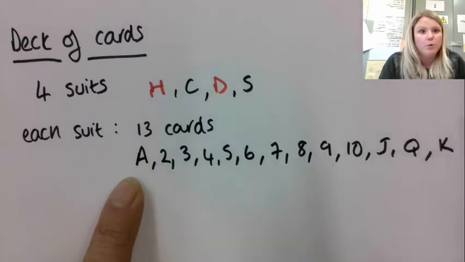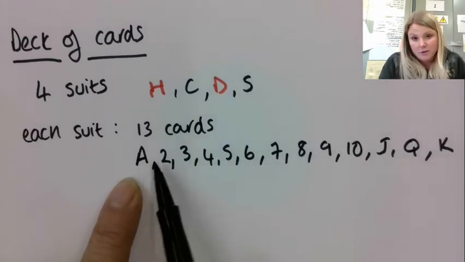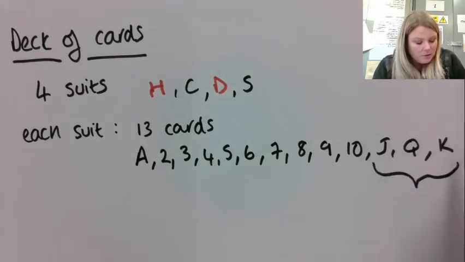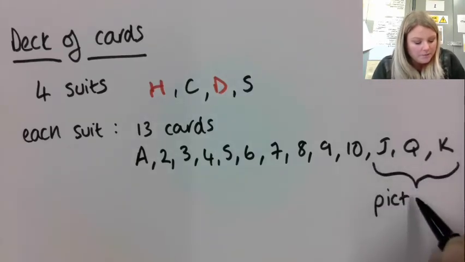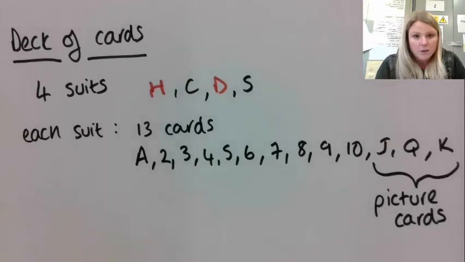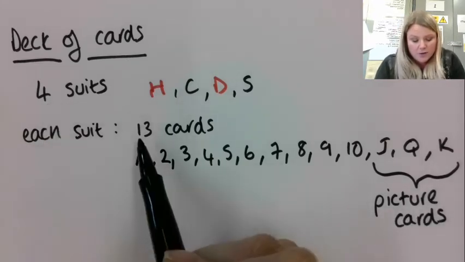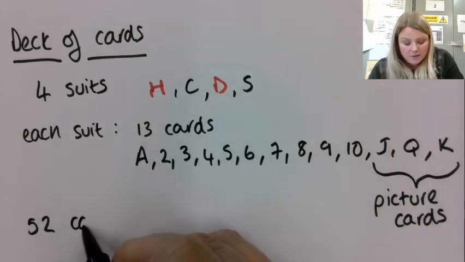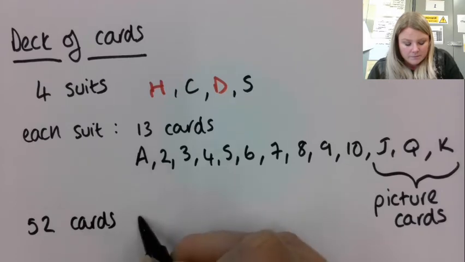For the purposes of probability, I always just list it first. Jack, queen, and king are called picture cards. If there's 4 suits and there's 13 cards in each suit, that's 52 cards altogether.